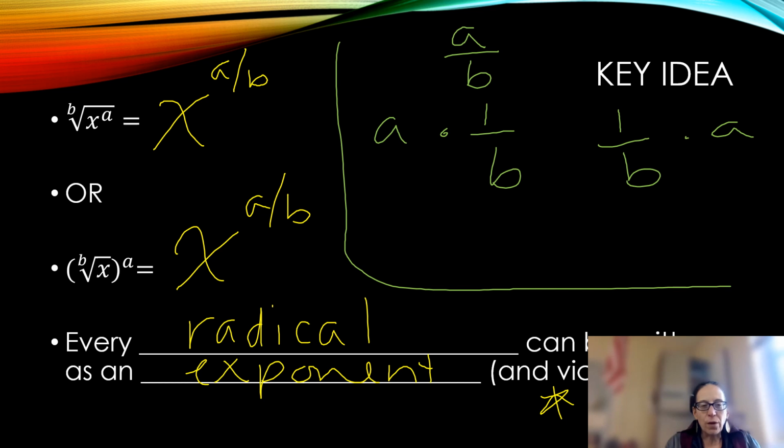I just want to be careful about that because some exponents, like a whole number exponent, I guess you could find a way to write as a radical by changing the denominator around, like 2 could be 4 over 2. You could figure that out, but it gets a little messy and sticky, so I don't want to go too far into that. The main idea, though, is that you can go back and forth between your exponents and your radicals.